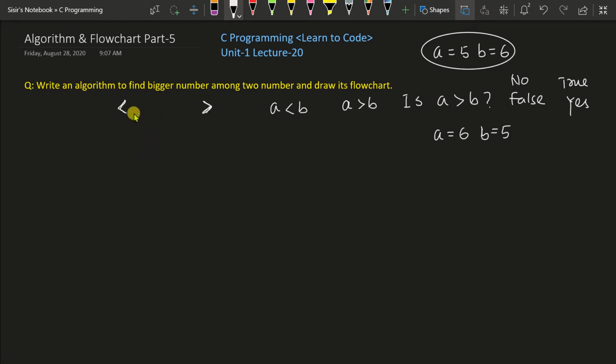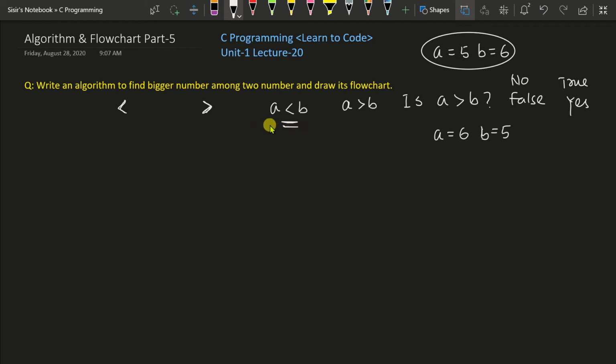Now that we understand what the less than and greater than symbols are, let us understand how to write this algorithm. Before that, we should know what the input to our algorithm is. Because we are finding the bigger number among two numbers, we need to supply two numbers to the computer, and then only it will compare them.